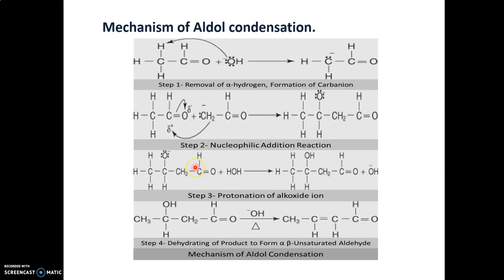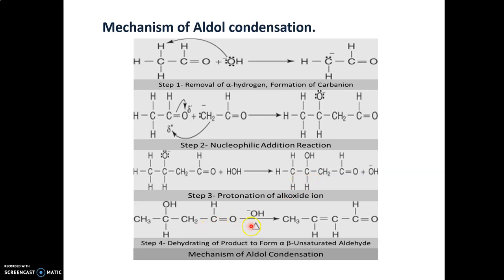And the third step is the protonation of the alkoxide ion. Protonation of the alkoxide ion will occur due to the reaction of the alkoxide ion with the water molecule to give the corresponding beta hydroxyaldehyde.